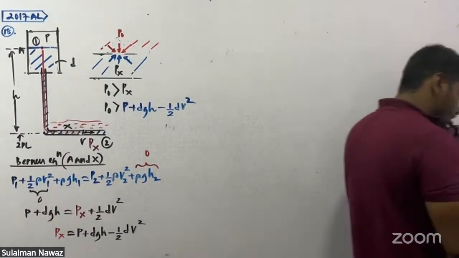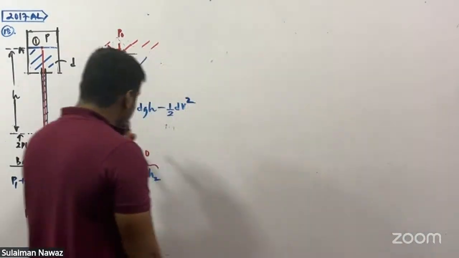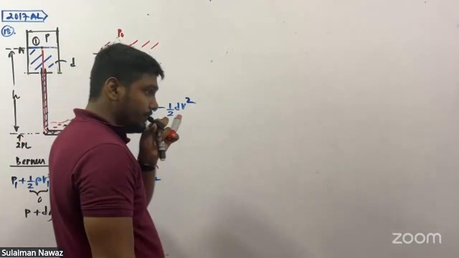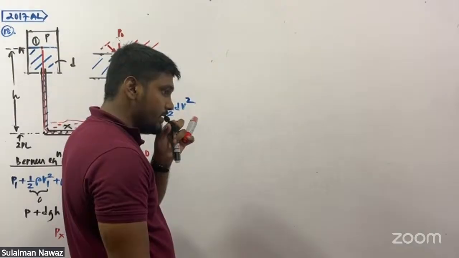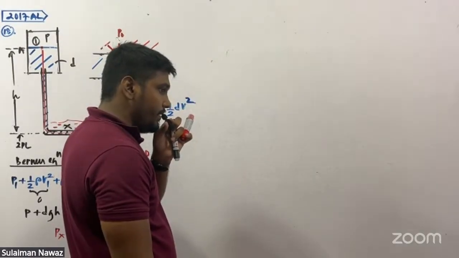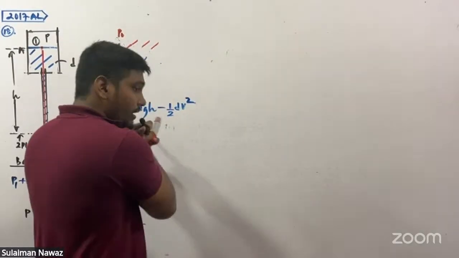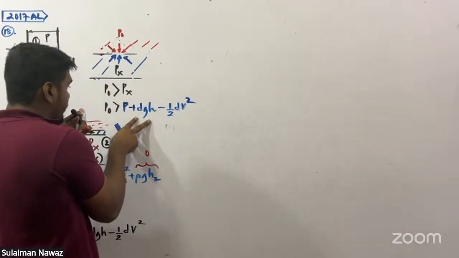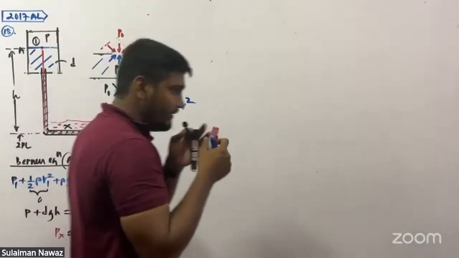Now what are they telling? What can we do here? Any answer? P naught larger, P plus hdg. Is it the third one? What is the answer?